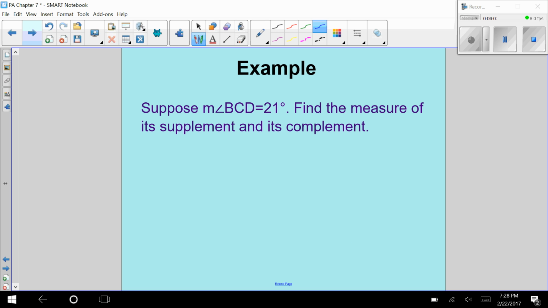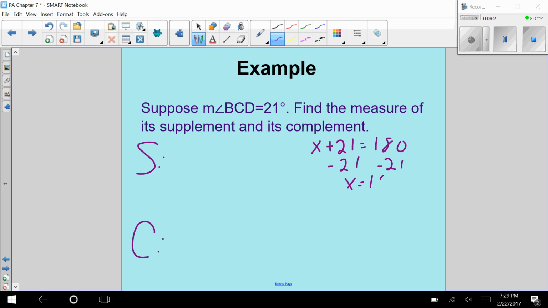All right. Suppose the measure of angle BCD is 21 degrees. Find the measure of its supplement and its complement. So I'm going to label S for supplement, C for complement. Well, a supplement is any angle that adds with that one to give me 180. So if I subtract my 21 off both sides, I'll get x equals 159.